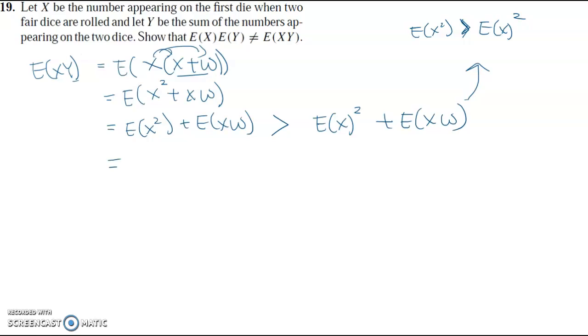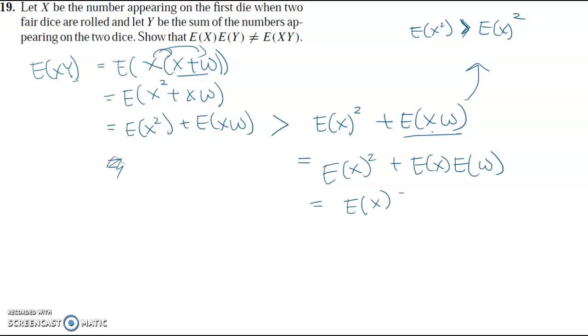Okay, and so again, I'm going to use this now. This is the same thing as E of x times E of w, and that gets us to E of x times E of x plus w, kind of the other way of how we did this from here to the second line, and that is E of x times E of y.